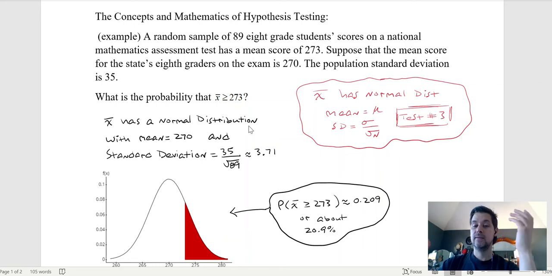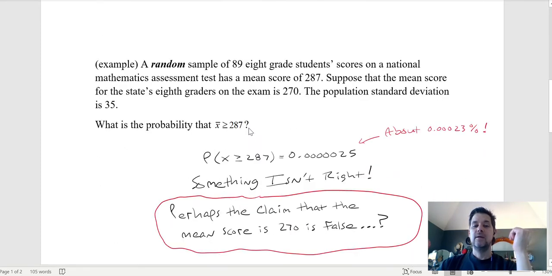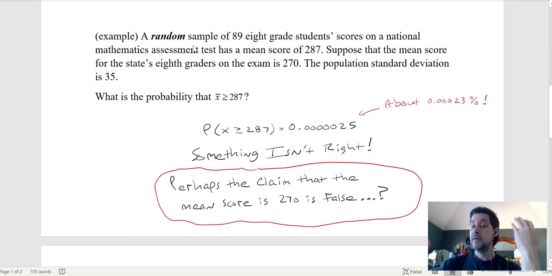Okay, now let's take a step further. Suppose we took another random sample, and I emphasize random, okay? It's like we did not pick and choose just the students with high scores or something like that. Random means like anybody has an equal chance of being chosen to be in the sample.